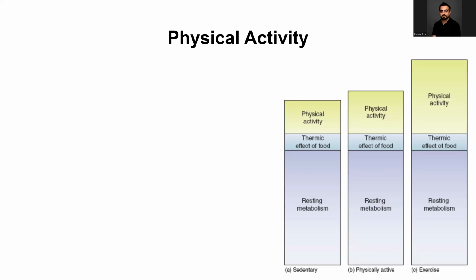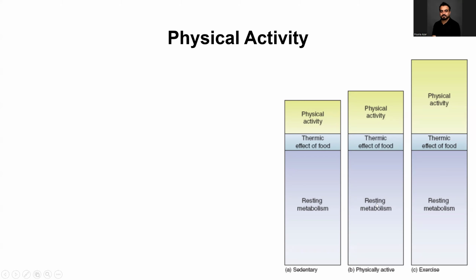And this is the physical activity. As you can see from here, we have the sedentary person, A, the physically active person, B, and exercise, C. You can see from this figure that the thermic effect of food is the same among these three individuals.